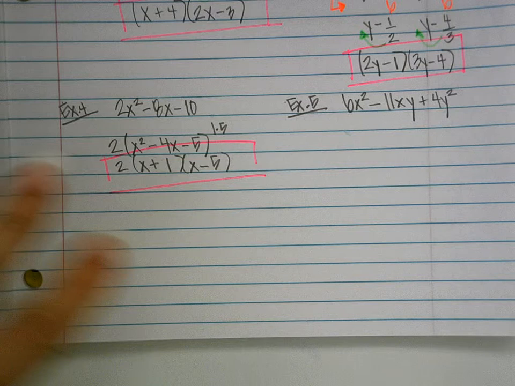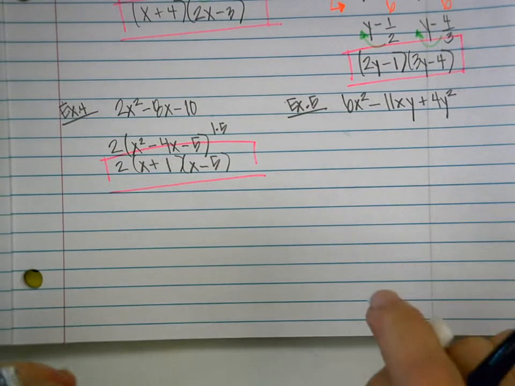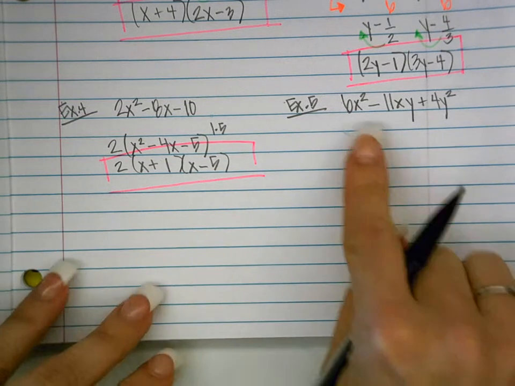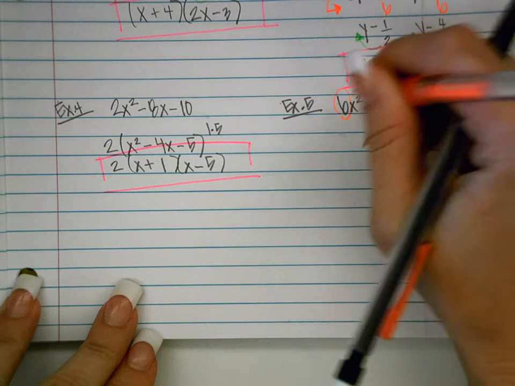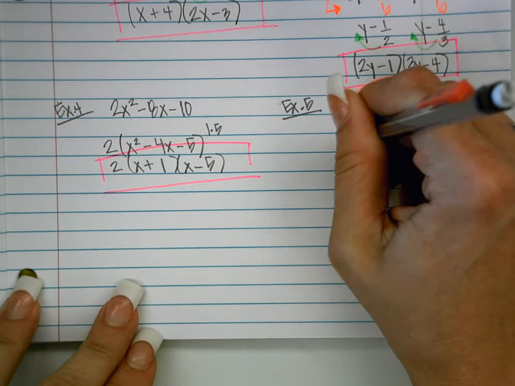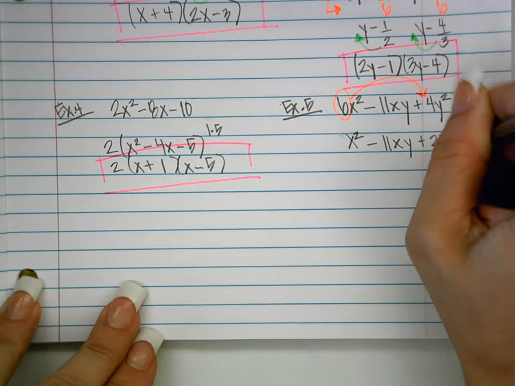No. So, can I do the regular over-under thing, even though there's numbers or letters at the end? Yeah, it's totally fine. It just means that there's letters at the end. Not a big deal. Okay, so take the first one, multiply it to the last one. That gives you x squared minus 11xy plus 24y squared.